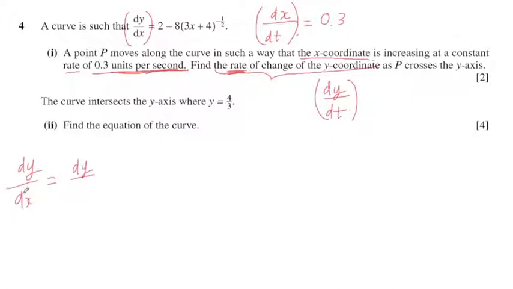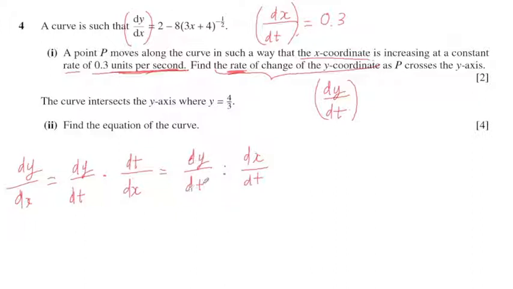dy divided by dt will be equal to dy divided by dx times dx divided by dt, because you can simplify the dx together. I only have dx divided by dt, so I want to change the position, taking the reciprocal.